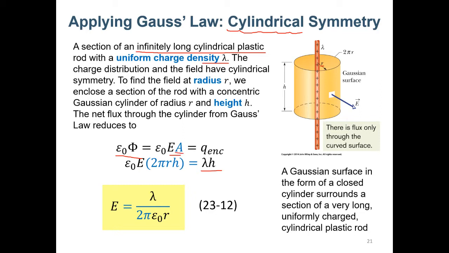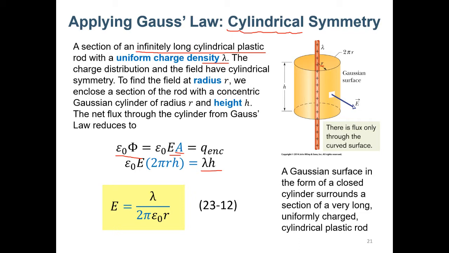And for the surface area of the side, you can cut the cylinder and unroll it, and it will be a rectangle. The circle becomes 2 pi r, and the other side is h.